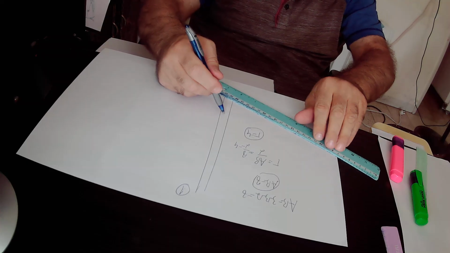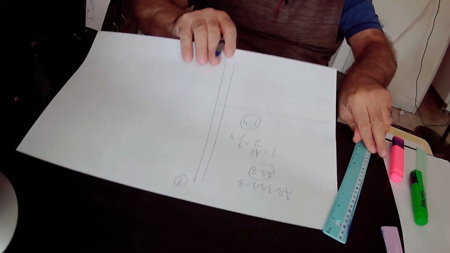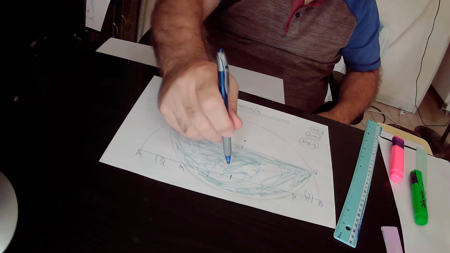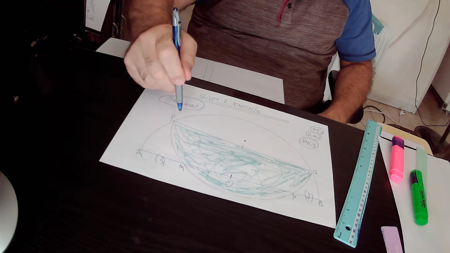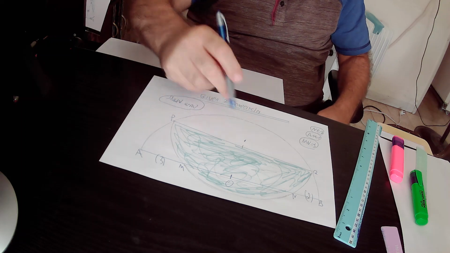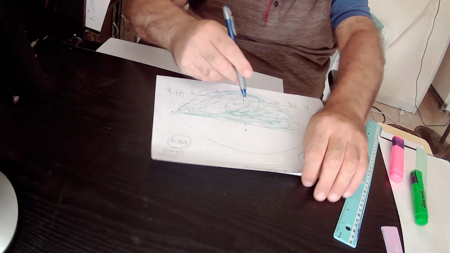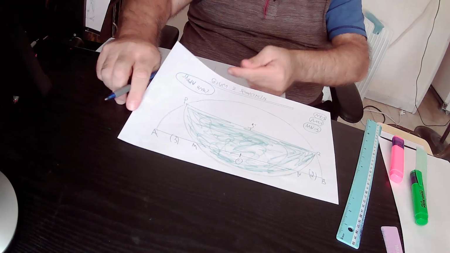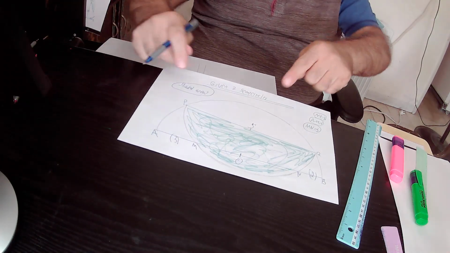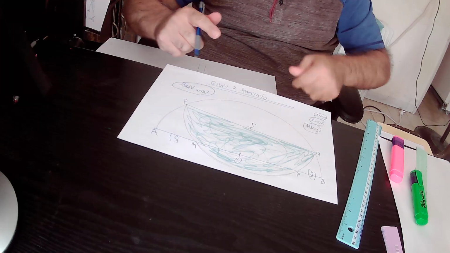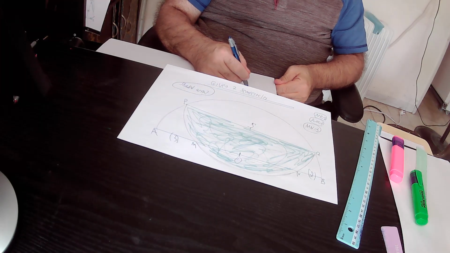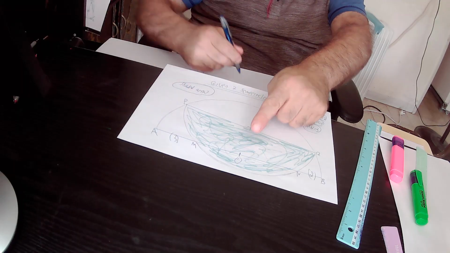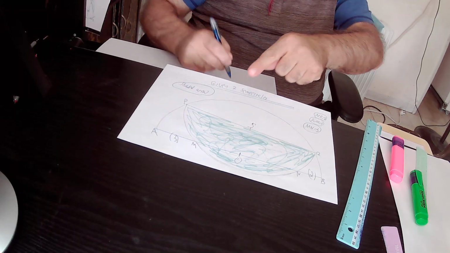In the next step, we define the center of this big semicircle as point O, and the center of this small semicircle as point S. What is the length of this line segment OM? OM equals OA minus MA.